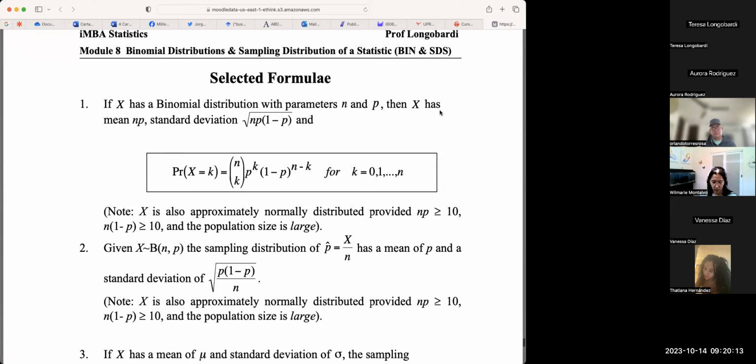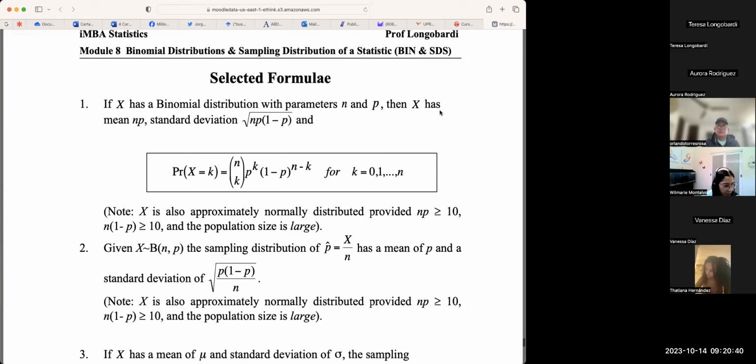And we use the symbol X. Now, we've used X before for normal, but now I'm going to use it by specifying that it has parameters N and P. The reason they are parameters is because knowing those is all I need. I need to know I have a binomial distribution with N and P, and I know all the probabilities of the different possible values of X.